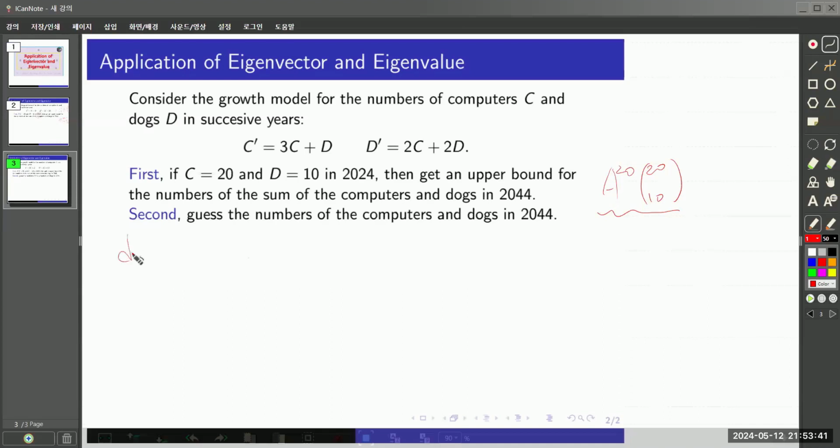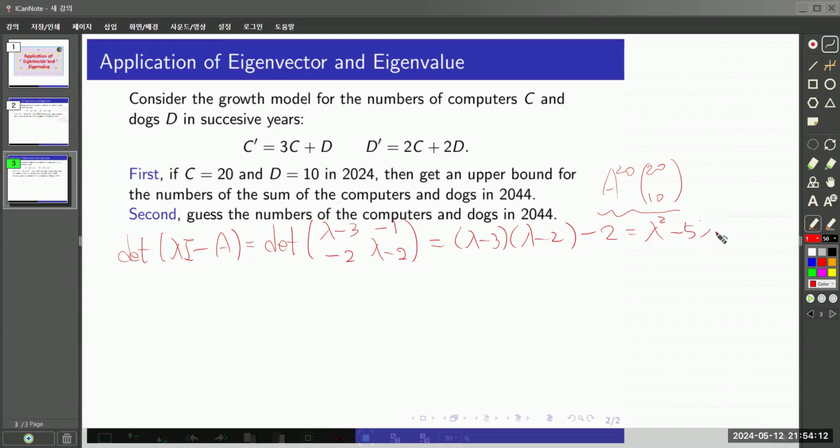The determinant of lambda I minus A is the determinant of [lambda minus 3, minus 1; minus 2, lambda minus 2]. So this is equal to (lambda minus 3)(lambda minus 2) minus 2, which is equal to lambda squared minus 5 lambda plus 6 minus 2, that's plus 4.